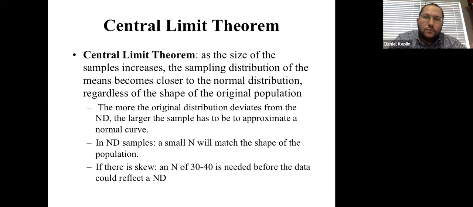Now, the central limit theorem suggests that as the size of your sample increases, your means and standard deviations are going to get closer and closer to the population mean and standard deviation.